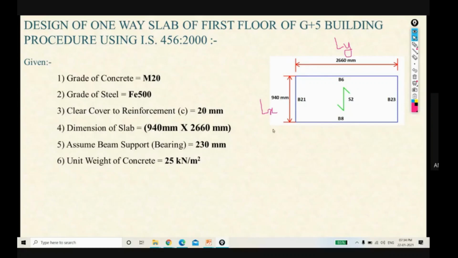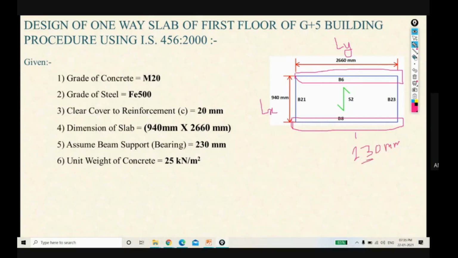The dimensions of the slab are 940 mm by 2660 mm. Assume beam support, which means this slab is supported on a beam, and the bearing we are considering is 130, meaning the support of that slab is 130 mm.